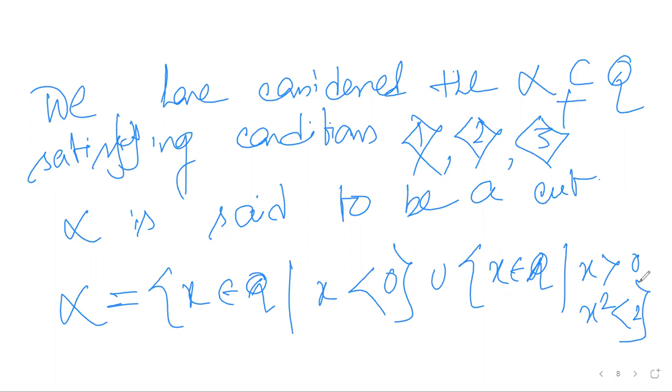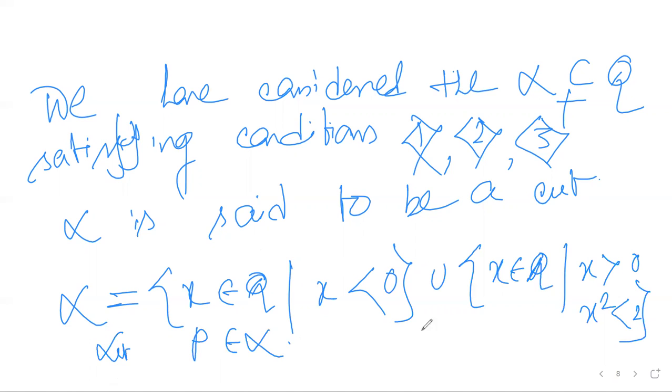So the first two conditions are obvious to check. We only have to check the third condition. Let's say P belongs to alpha.